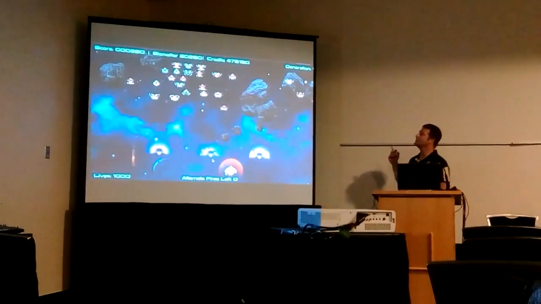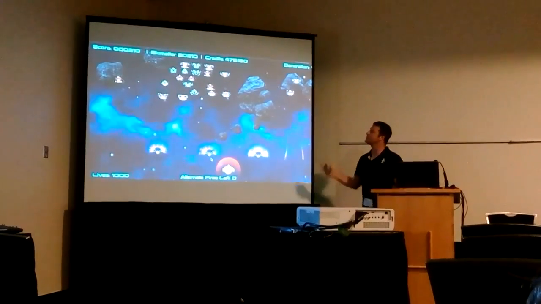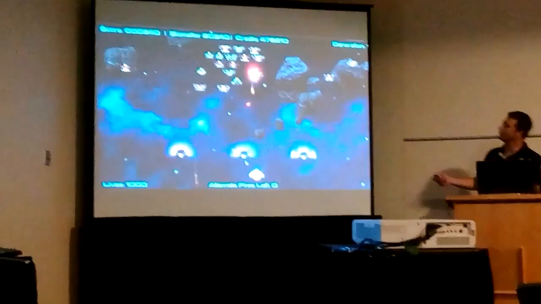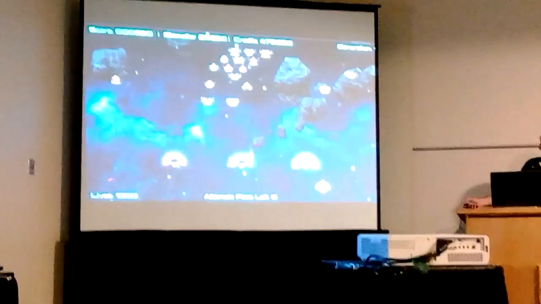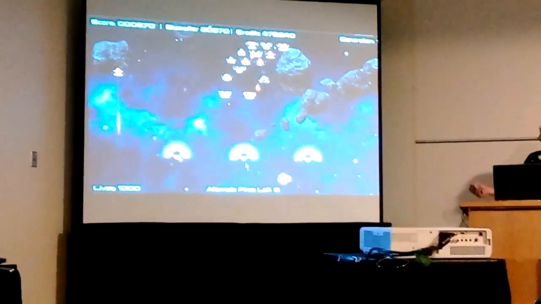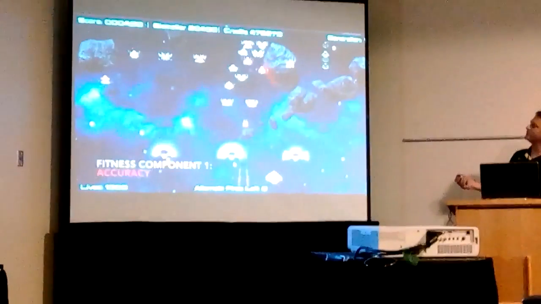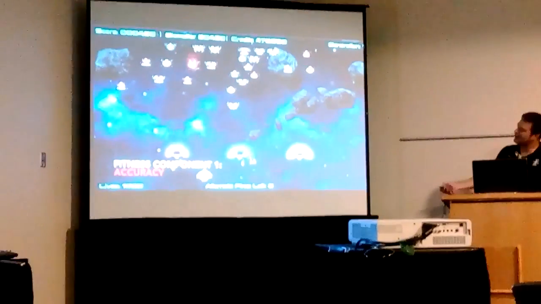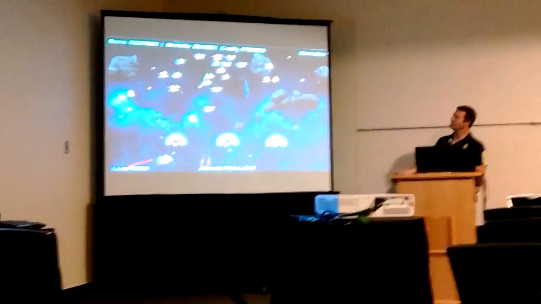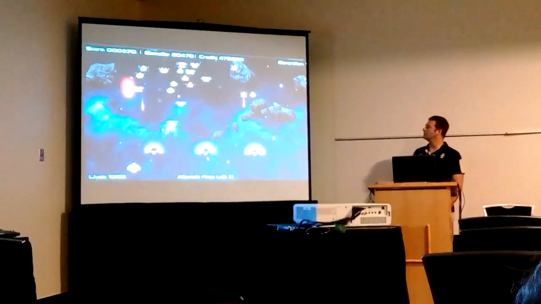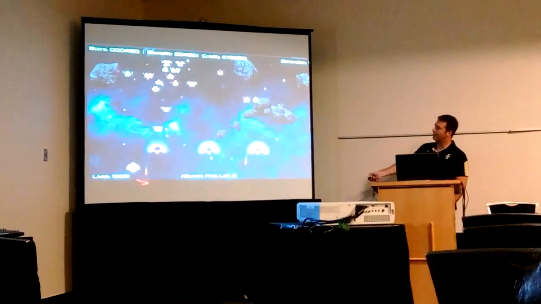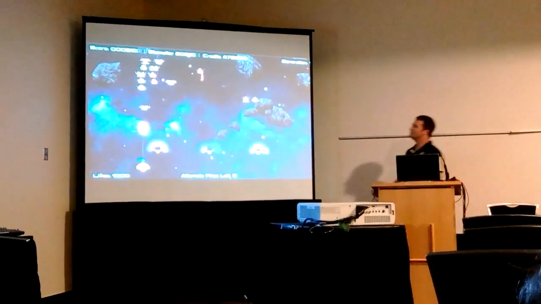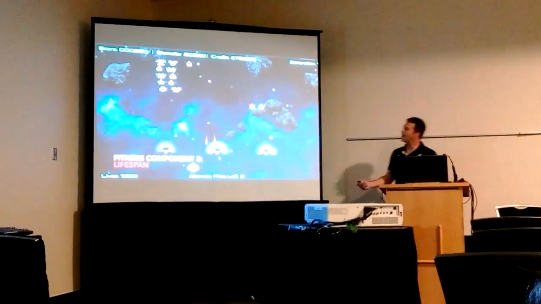And the fitness function actually has 3 components. The first is, how accurate are they? When fitness comes up here in a second, it's going to say fitness component 1, accuracy. It's about how close they get to shooting the player, and they get a little bit of a bonus if they actually destroy it. So this one, bad, that one, okay? The second fitness component that these organisms have is lifespan.